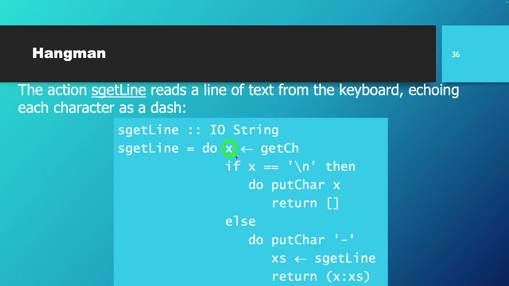So it takes in the X, and what it says is if the X is the end of line, you don't need to add that to the string, but you're just going to put char X and return this, because this is going to be recursive, so you need to return that.